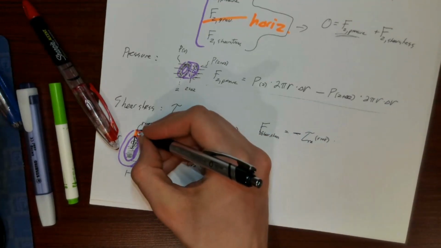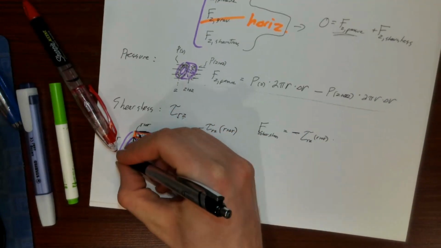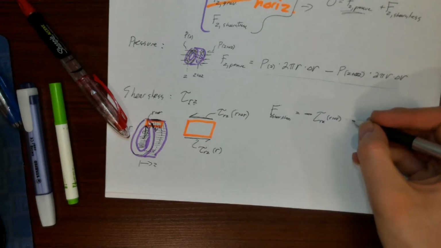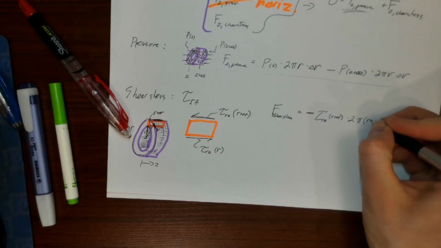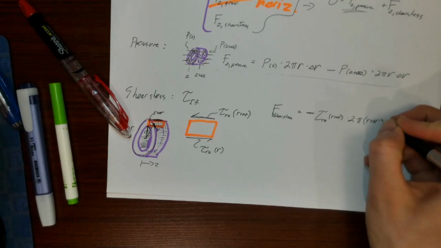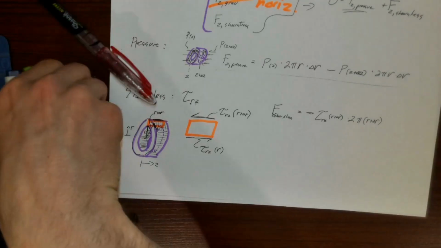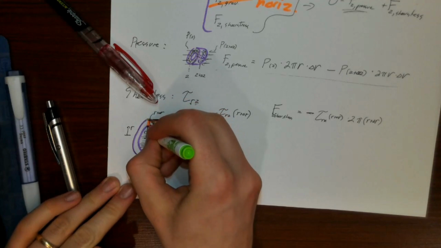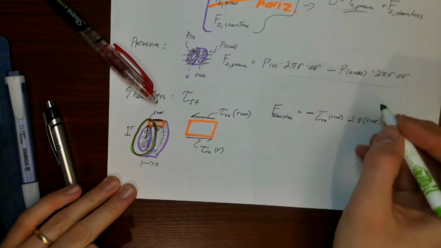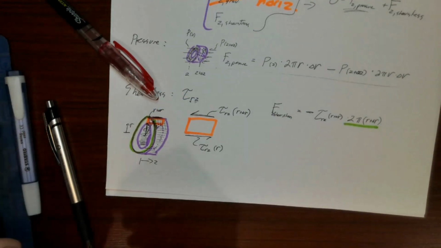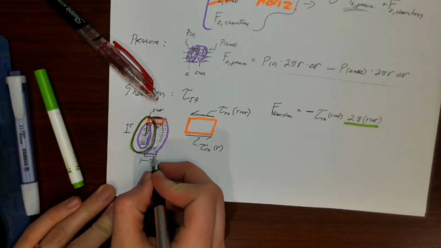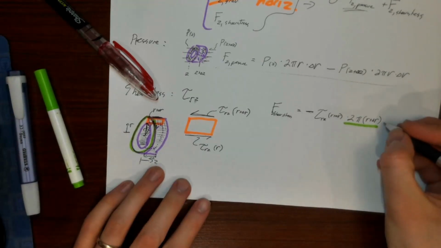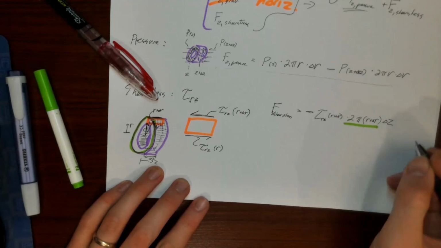So the circumference of this outer circle is 2 pi (r plus delta r), and then the width is delta z. So it's 2 pi (r plus delta r) times delta z.